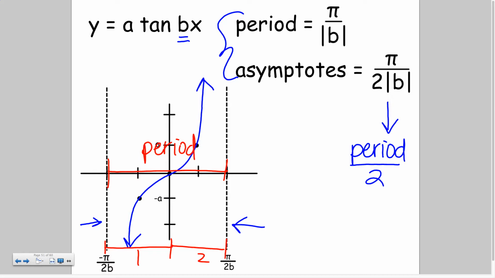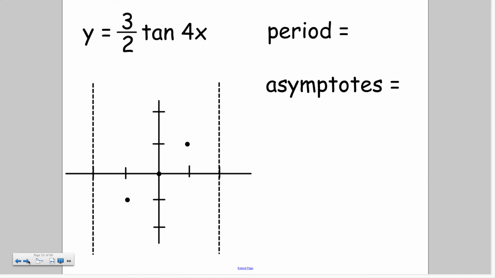So at the bottom of page 26, remember, period is pi over b. So anything in front of x is considered b. So this time you're going to have pi over 4.